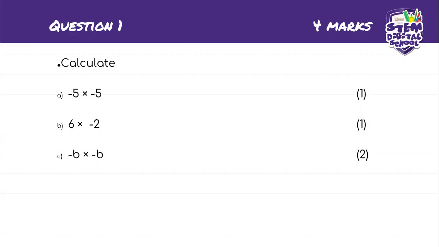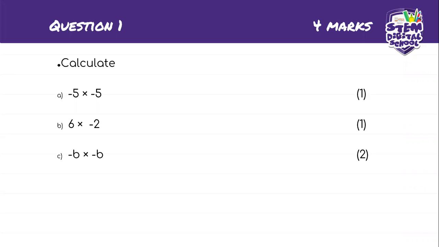Right. Can we proceed to the next one, which is 6 times -2? Mudir says this will be -12, because 6 multiplied by 2 is 12.